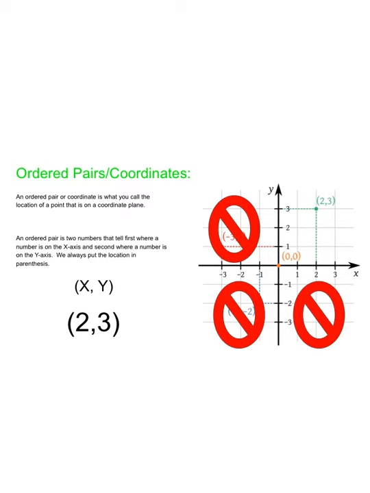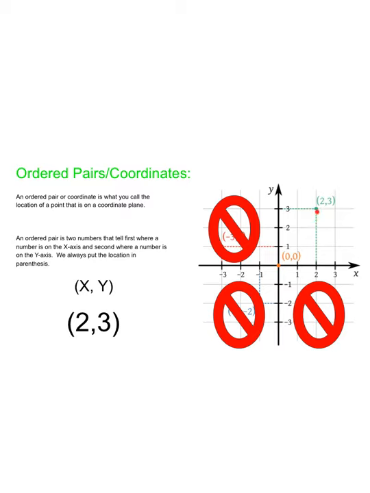So for instance, here's an example: 2, 3, and I'm going to show you how that works. So I come over here, and you can see I've got my x-axis here, my y-axis here. I've crossed these other quadrants off because we don't use them in 5th grade. But I just would have this random point up here. So what you do, you literally just get out your fingers and guide them along the lines. But here, I start on the x, like I said. So you can see that that point is not on this first line. So I'm going to go here, and you can see the point is here.